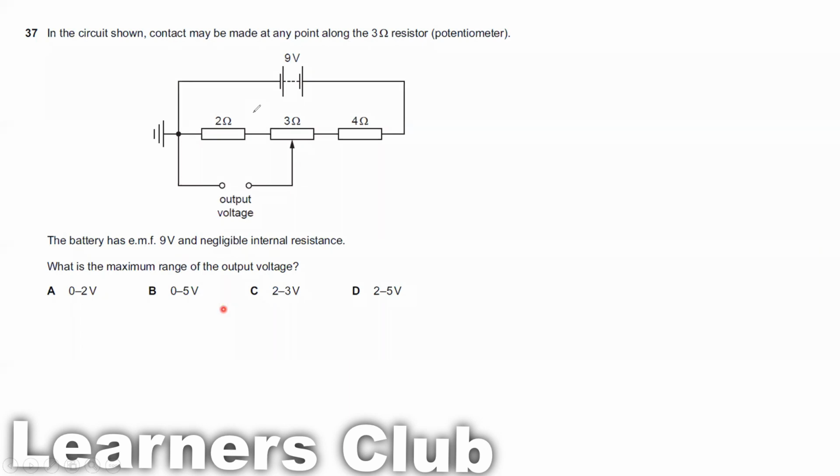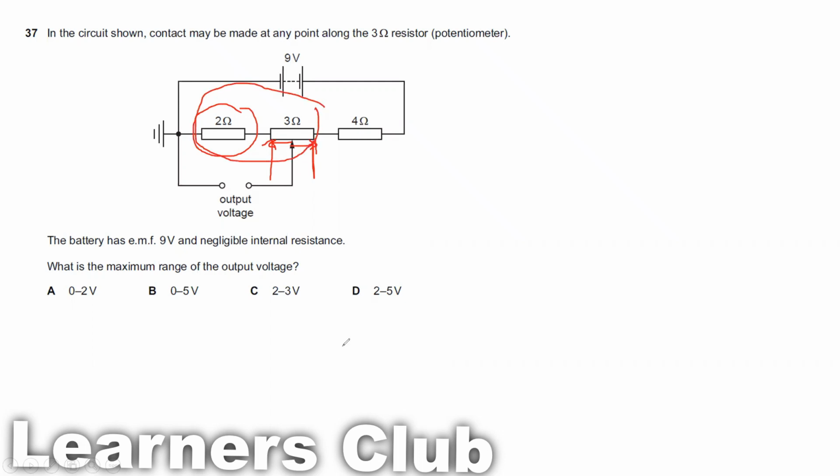This is a potentiometer, so you can move the contact from here to here. If you want to get a minimum value, you keep it here, where the output voltage only corresponds to 2 ohm. If you want to get a maximum value, keep it here, where the output voltage corresponds to 2 plus 3, which is 5 ohm.